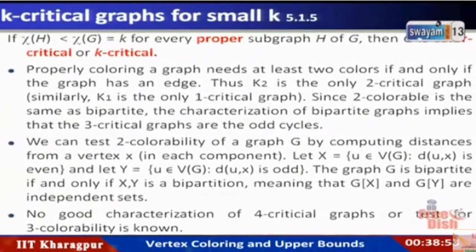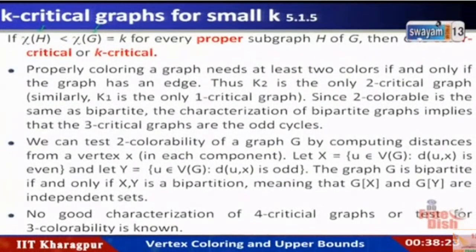Now if we take a subgraph H of a graph G, and the chromatic value of every proper subgraph H of G is always less, then G is called color critical, or a K critical graph.